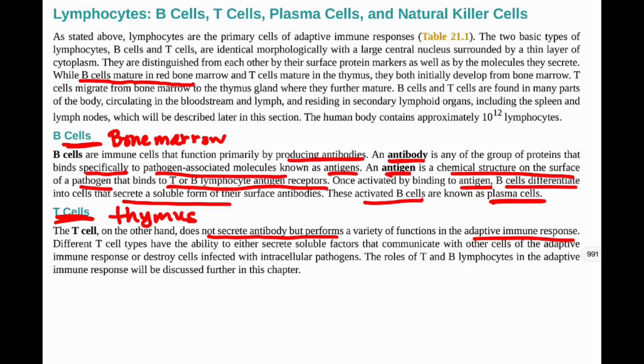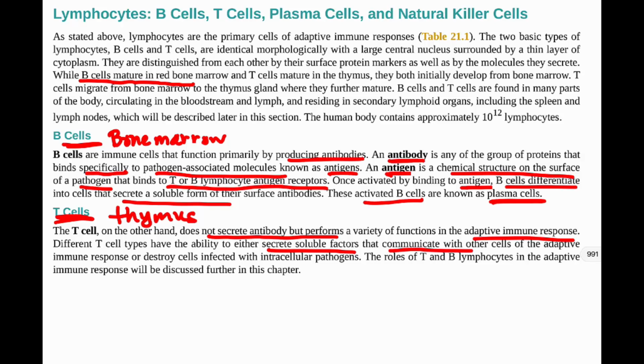They have the ability to secrete soluble factors that communicate with other cells. They also are part of the specific response, or specific immunity. Just like the B cells are specific, the T cells are specific, and we're going to talk about them in more detail once we get more into the immune system.